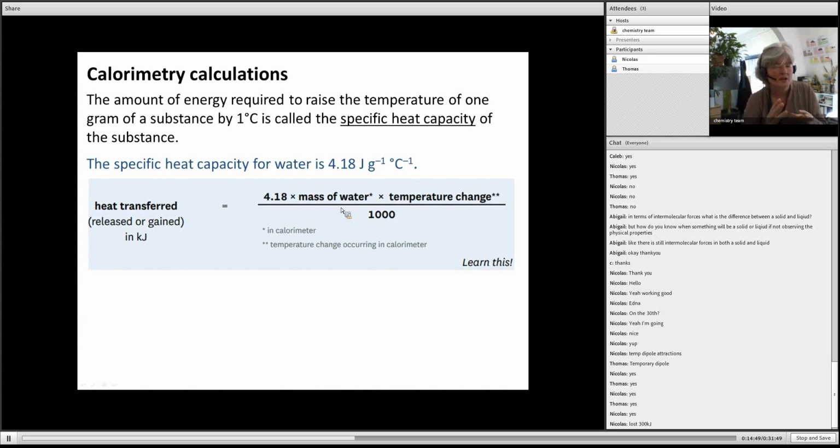So I know I said that should be below the line, but I've got to try and cancel out my things correctly. So if my 4.18 joules per gram per degree centigrade, if you imagine that unit there, what unit do I want on the left-hand side?